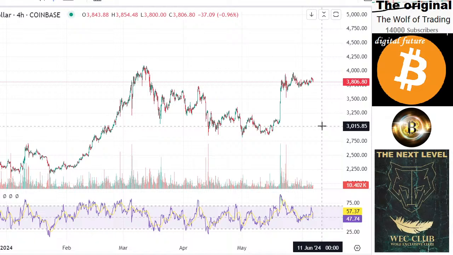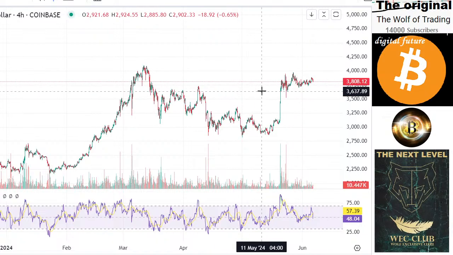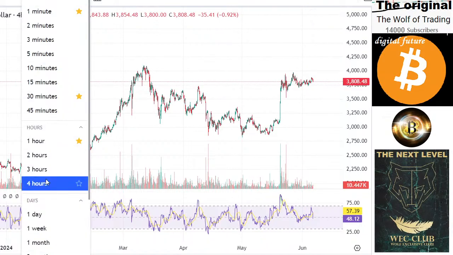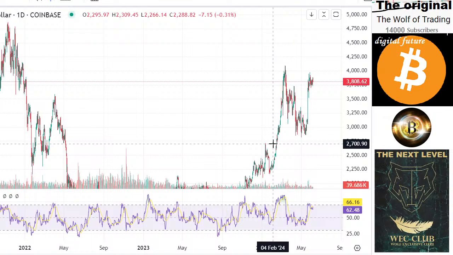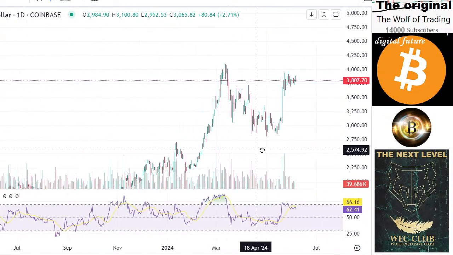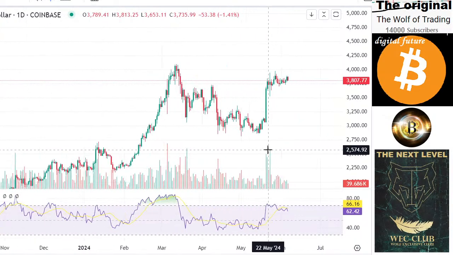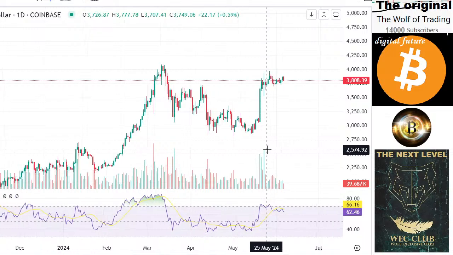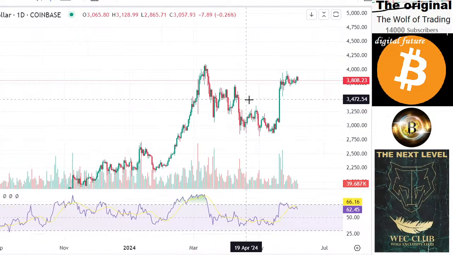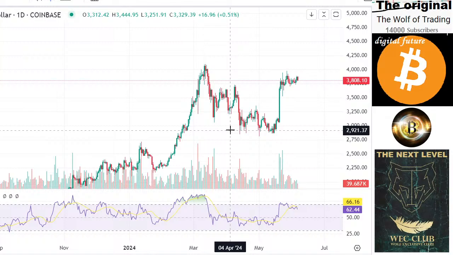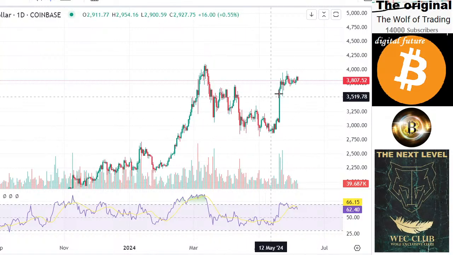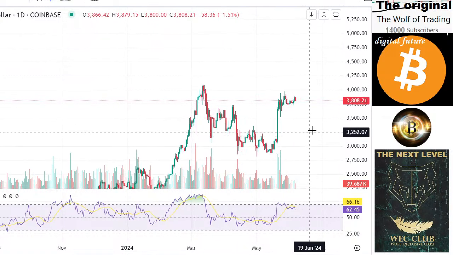If you look at this chart, this is a different chart than the Bitcoin price. It's very interesting. You have here a wonderful left shoulder, head, and right shoulder formation.